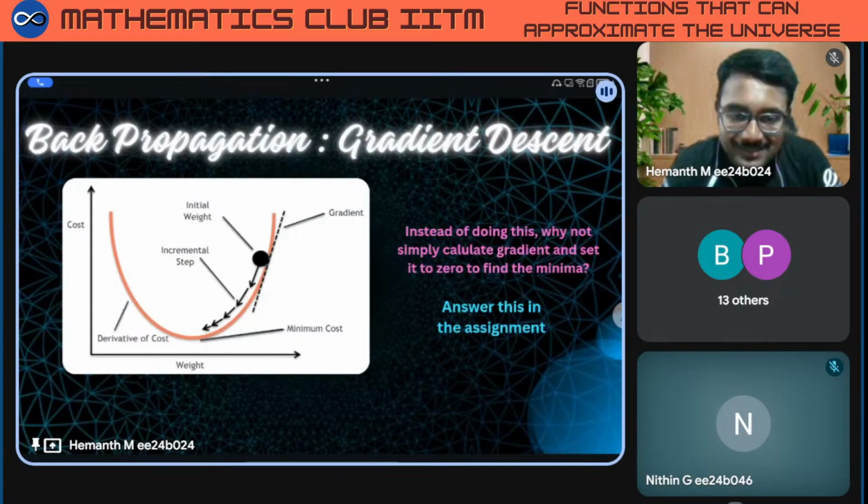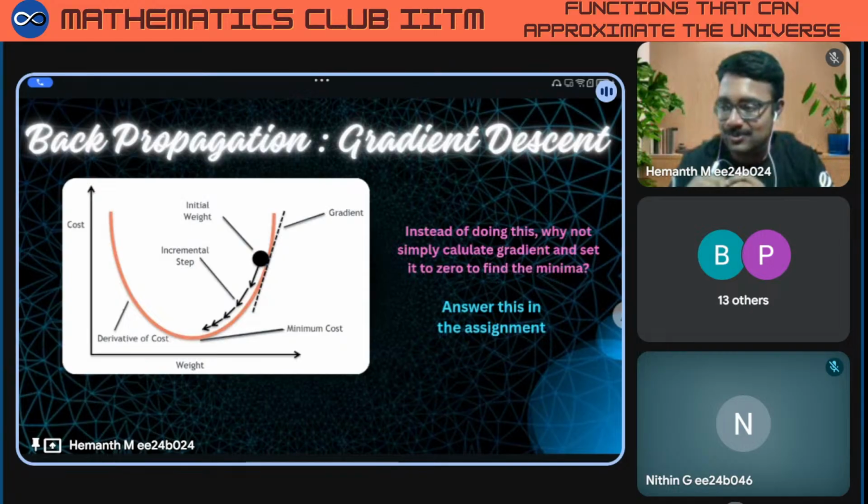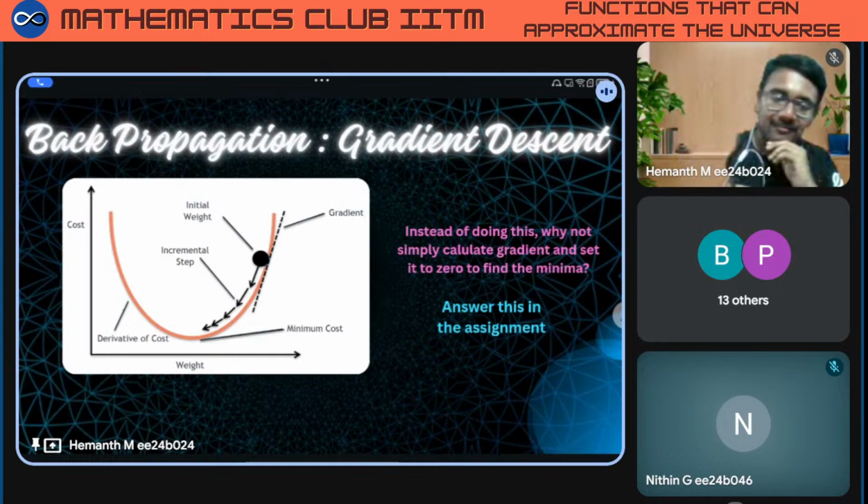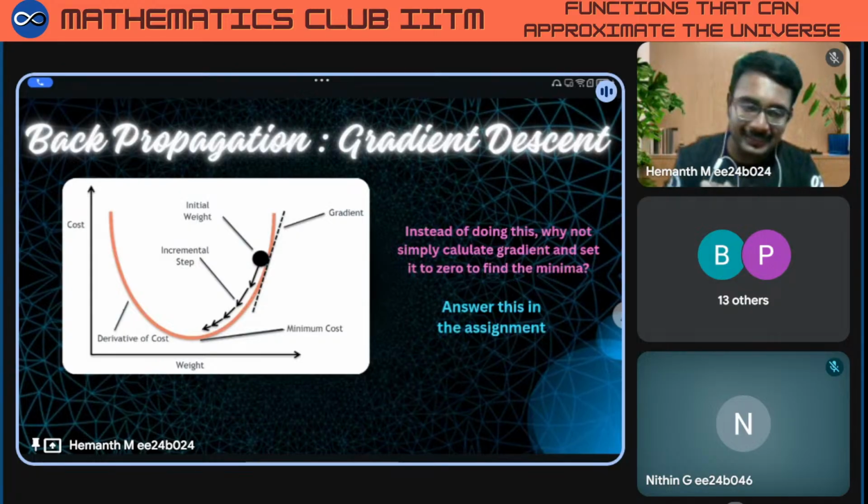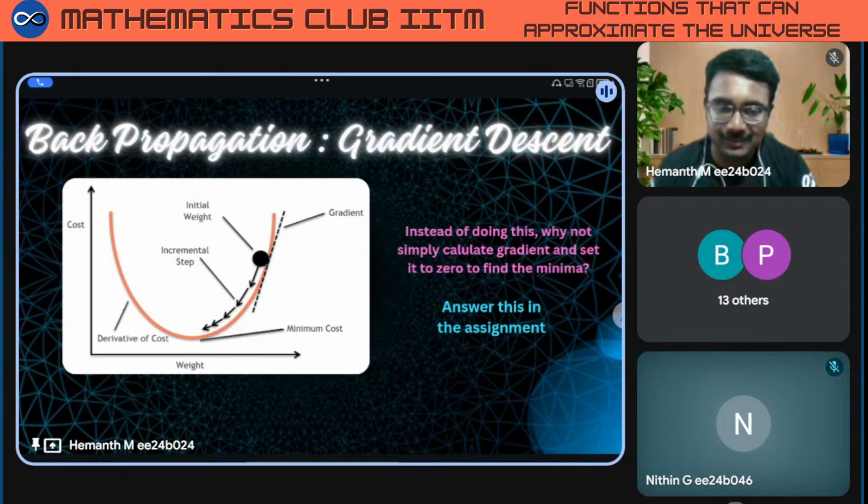Now I want you to answer one quick question. In calculus courses, we generally study that if we want to find extremum points like maximum or minima, we calculate the gradient and equate it to zero, and we say that point is either a maximum or a minima. Then we do a second derivative test to tell whether it is a minima or a maximum.